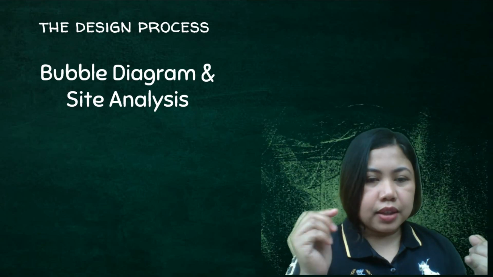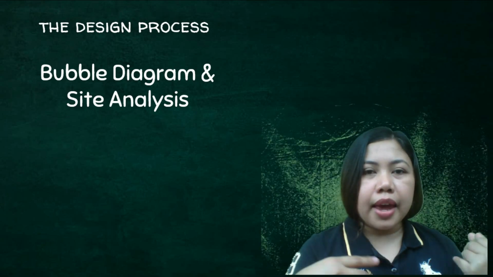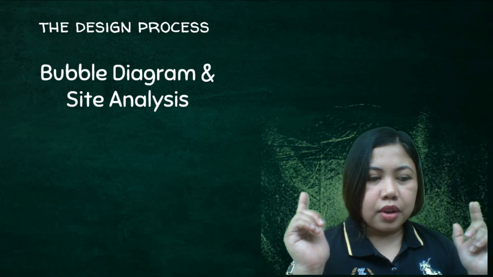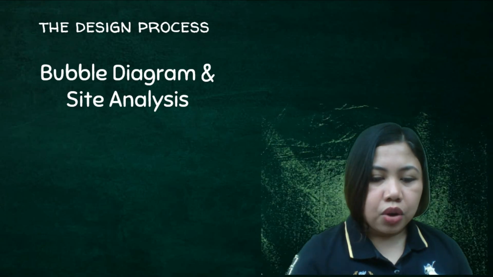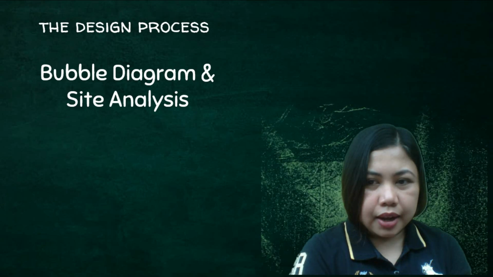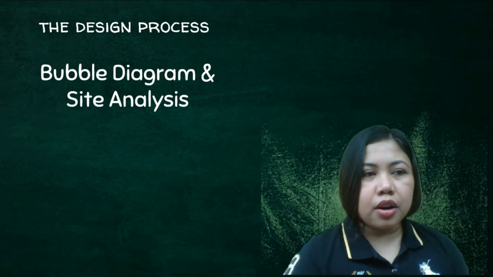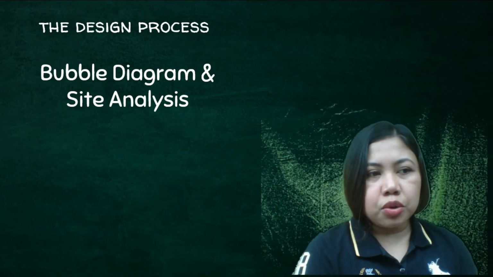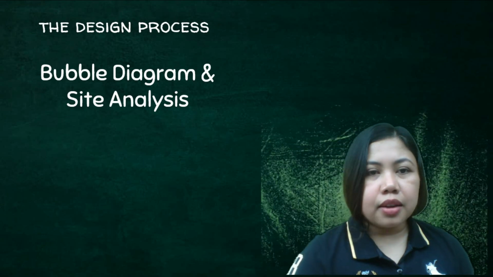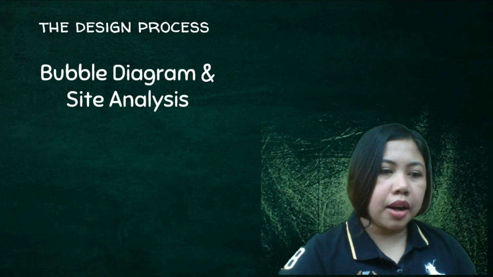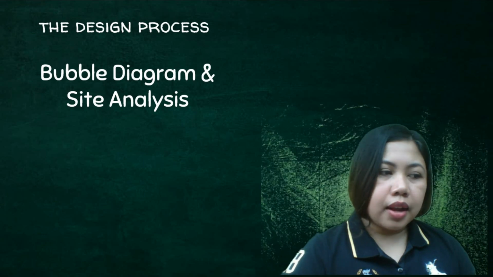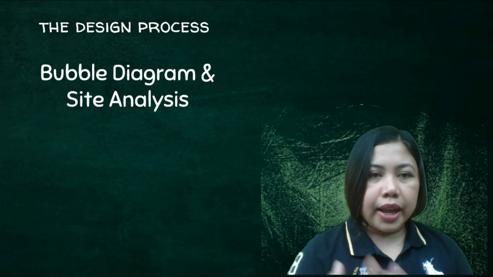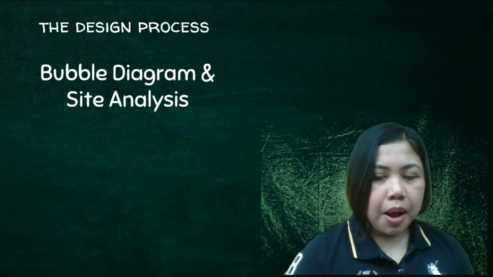You have this rough estimate of the sizes of spaces, and you have ideas now of what spaces should be in proximity with each other, what spaces should have public access, or what spaces should be hidden and private, or what spaces should have service areas. So now you are ready to make a bubble diagram.